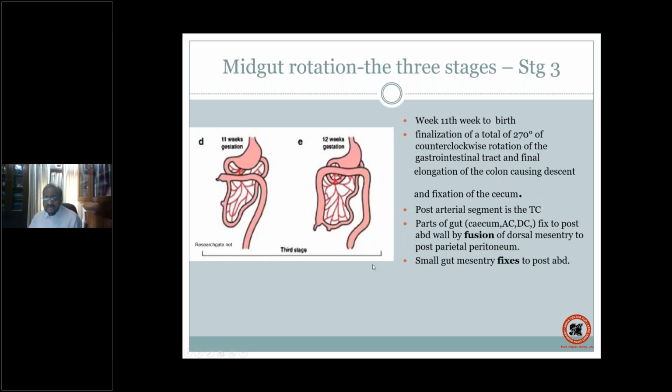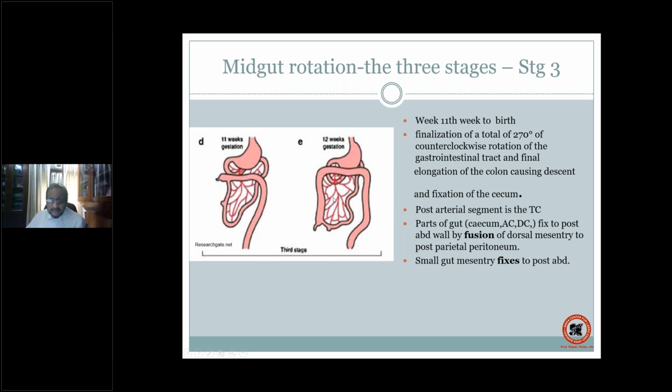Coming to stage 3 of rotation, which occurs from week 11 to birth, here the finalization of the 270 degrees has already occurred, and it leads to fixation of the parts of the bowel. Now, when the fixation of the parts of the bowel occurs, there is elongation of the cecum. See, elongation, it's now coming down. So it elongates. The growth of the ascending colon and cecum occurs. It comes down.